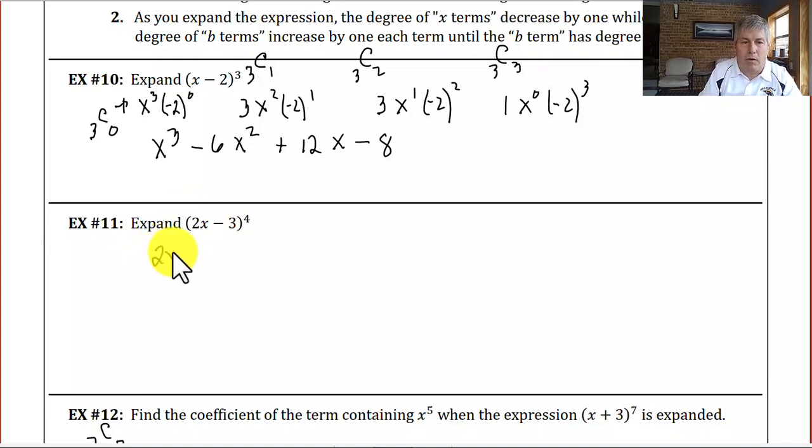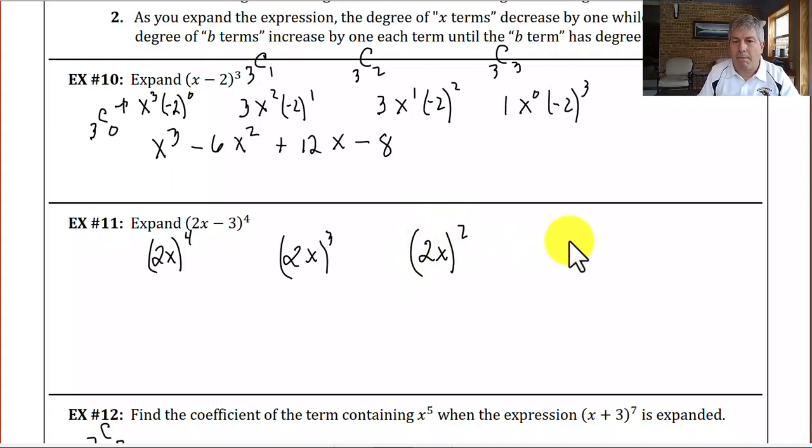So we would start by counting down with our 2x's. We'd start with the quantity 2x to the fourth, the quantity 2x cubed, the quantity 2x squared, the quantity 2x to the first, and the quantity 2x to the 0, which is just going to be 1.